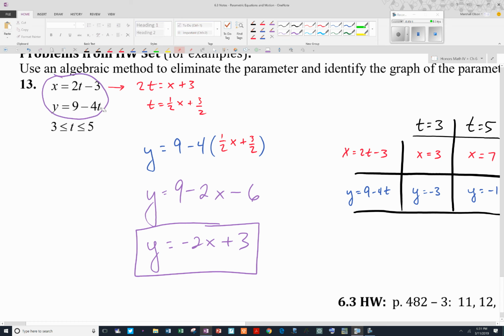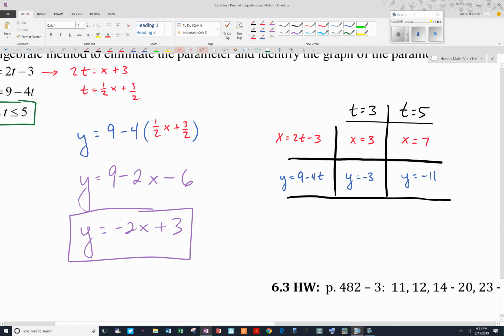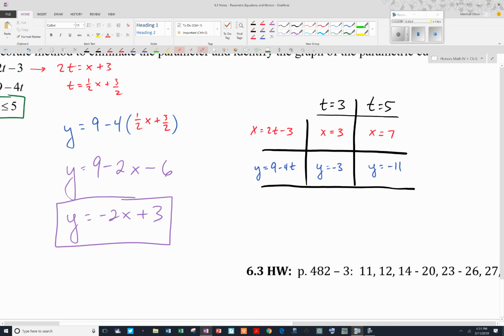But here's the difference in this problem. Now this says with the parametric equations, we want t to be between 3 and 5. So what I did here, and I'm not saying you need to use a table, but I think a table works kind of nice for this, is I put in 3 and 5 into my two parametric equations.